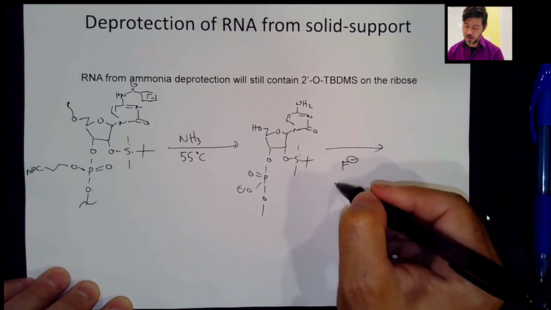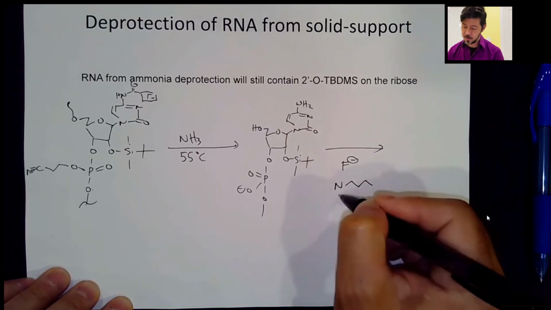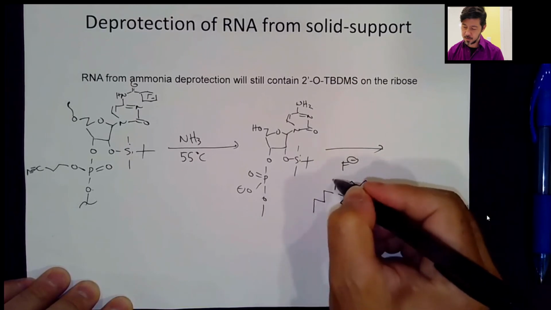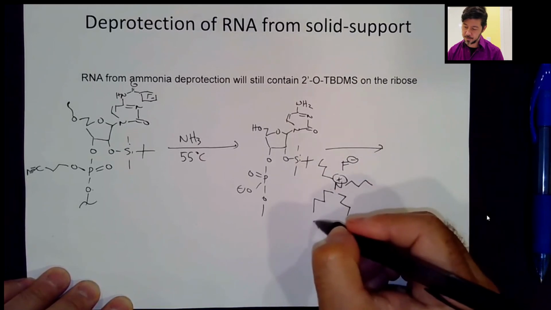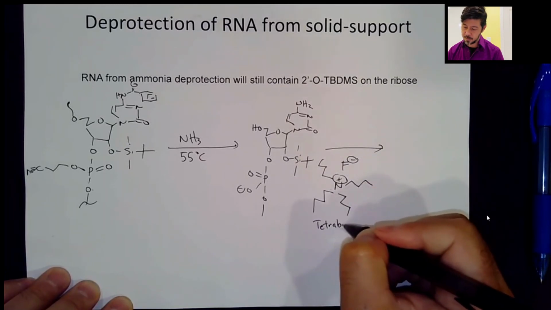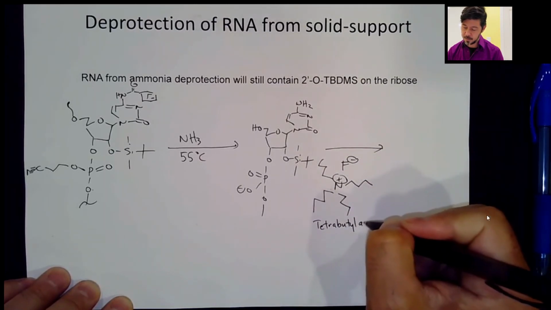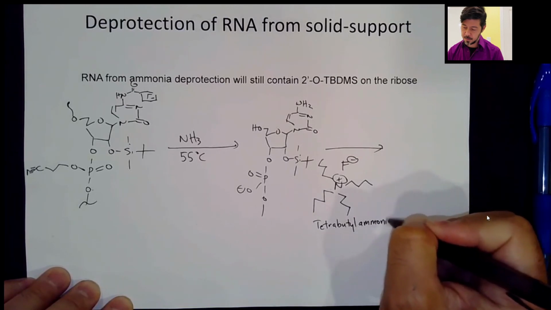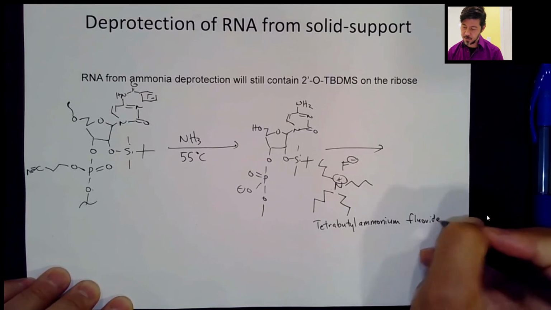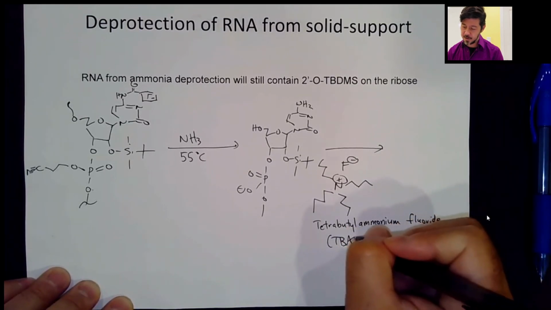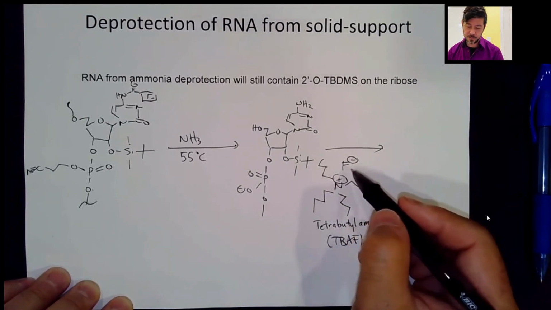And typically we use tetrabutylammonium fluoride, also known as TBAF, and it's a great source of fluoride anion.